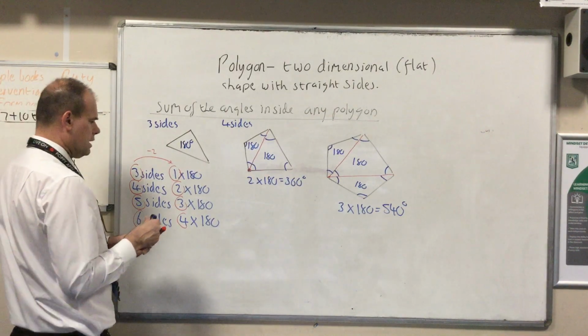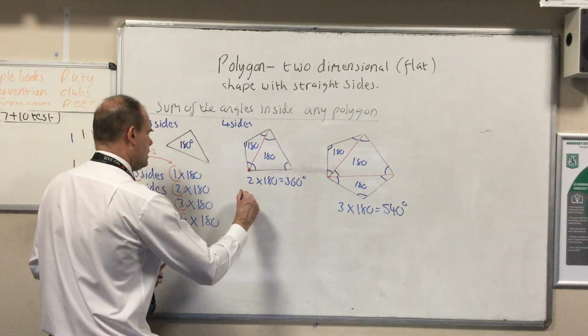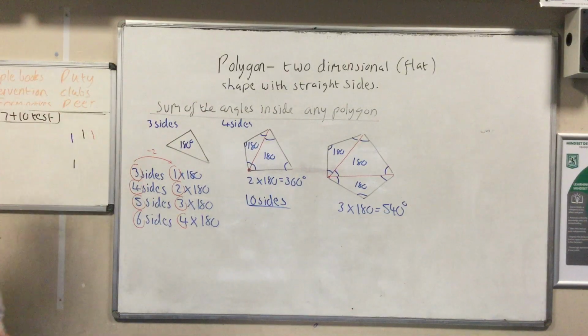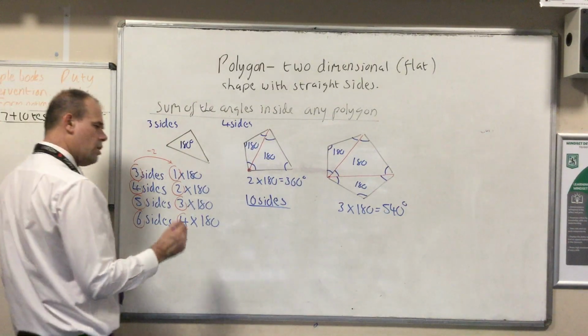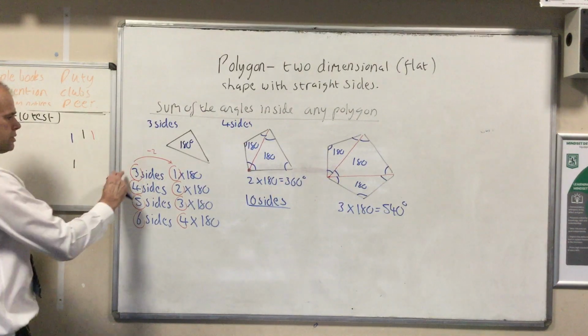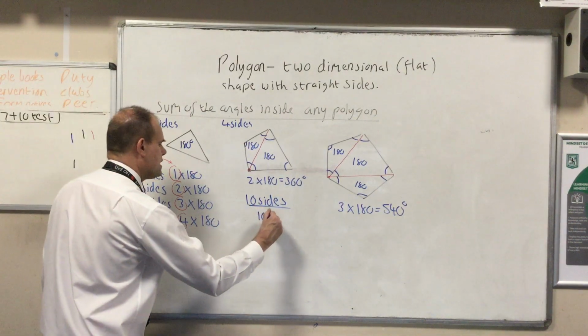So for example, if I put on the board here and said I've got 10 sides, which we know from the earlier work I've just done, we've called a decagon. What do you need to do? Well, you don't do 10 times 180, because if I was to draw it out, you wouldn't split into 10 triangles. We know it's always 2 less. So you do 10 take away 2.